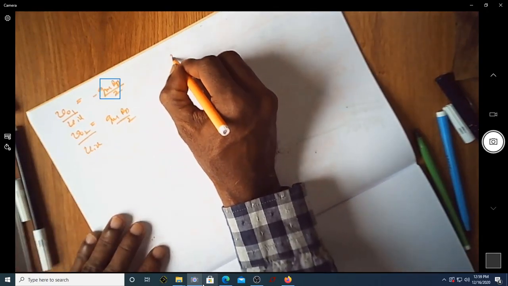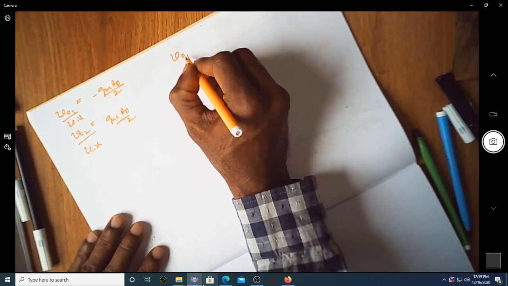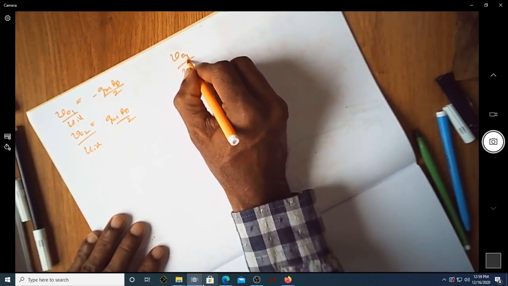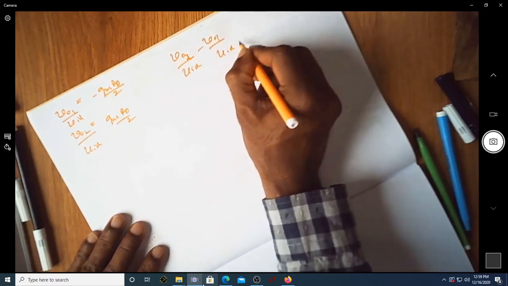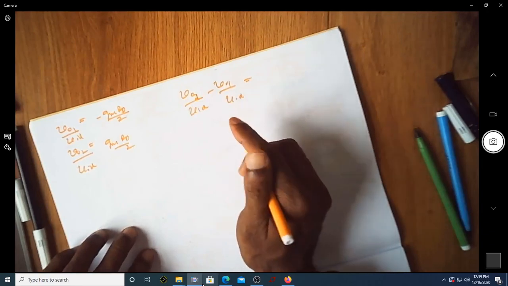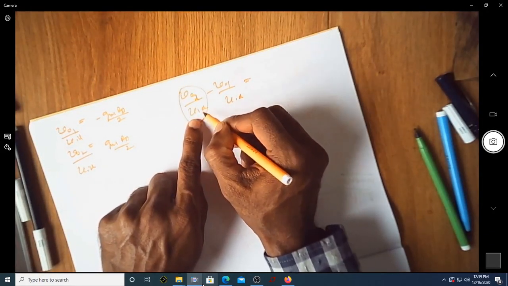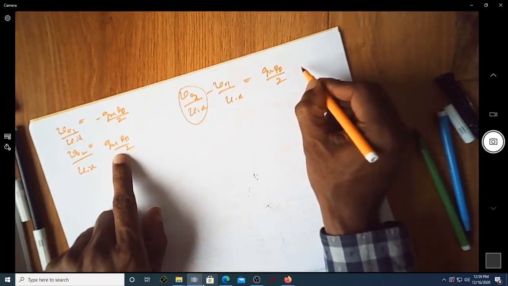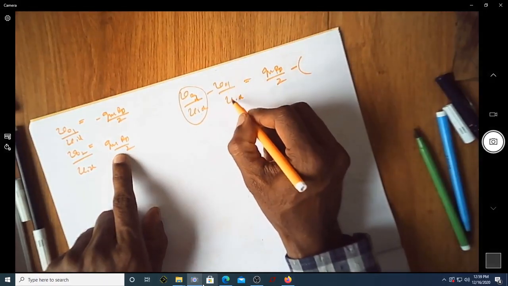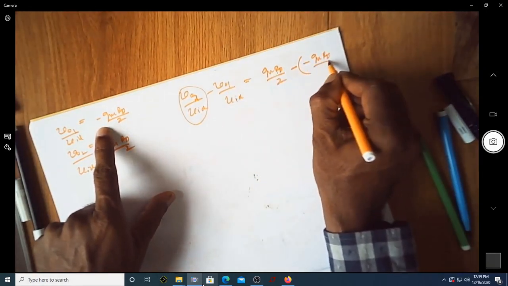So I am interested in what is V02 by VID minus V01 by VID. So I want to measure a differential voltage. What is this V02 by VID? It's actually GM into RD by 2 minus of what is V01 by VID? It is minus of GM into RD by 2.